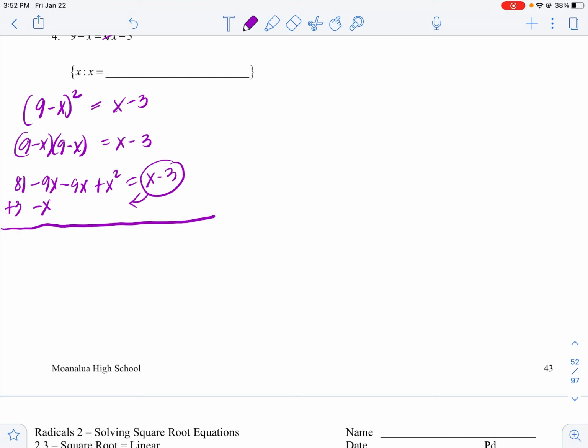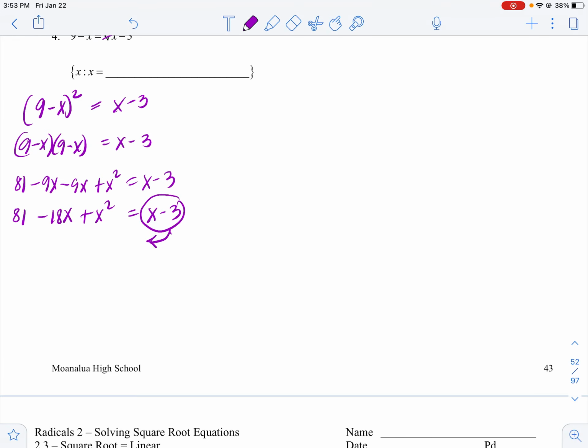Wait, hold on, I forgot to combine first. Let's combine first. So it's not that hard. 81 minus 18x plus x squared equals x minus 3. There you go.